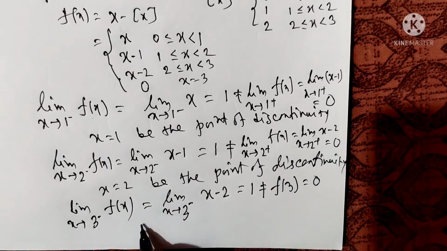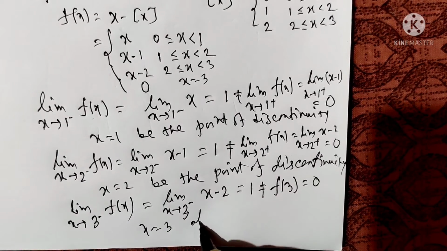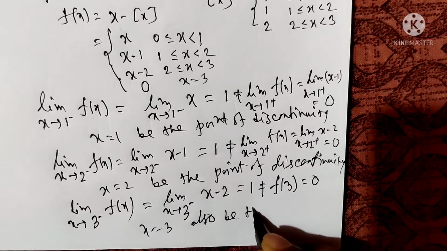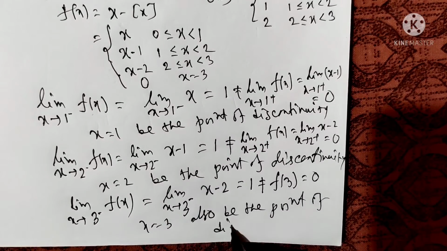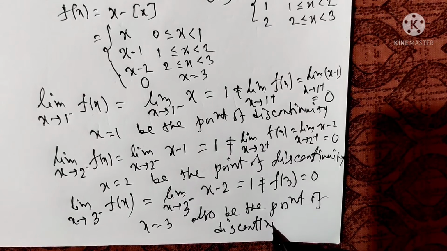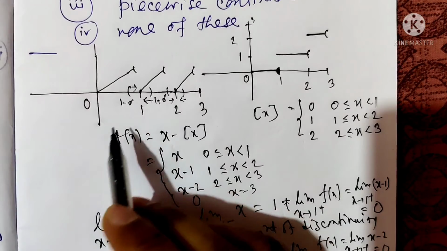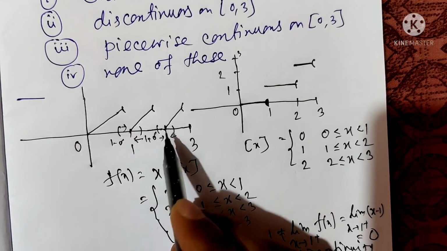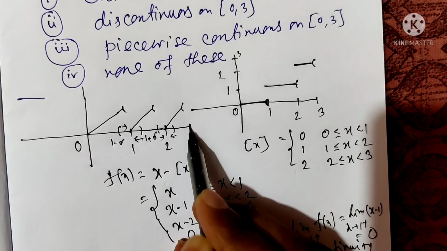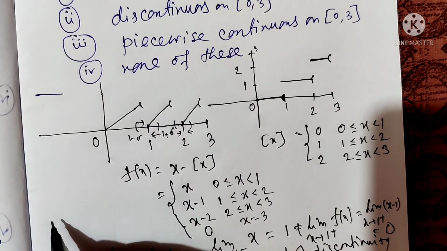Therefore x equals 3 is also a point of discontinuity. If you cannot calculate this, we can also see from the picture that this is a point of discontinuity, this is a point of discontinuity, and this is a point of discontinuity.